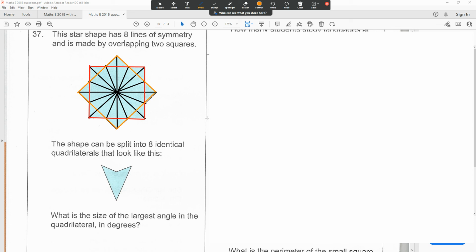The shape can be split into 8 identical quadrilaterals that look like this. And then it says, what is the size of the largest angle in the quadrilateral in degrees?